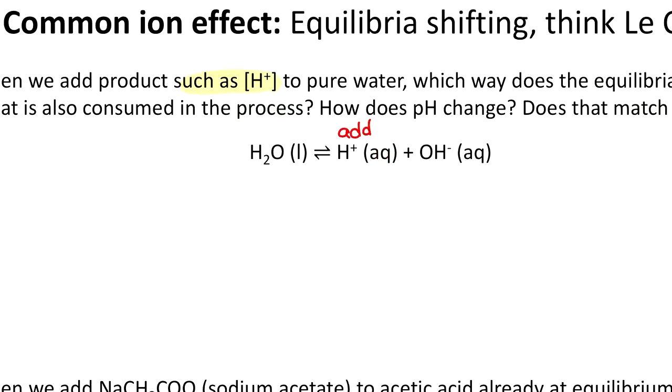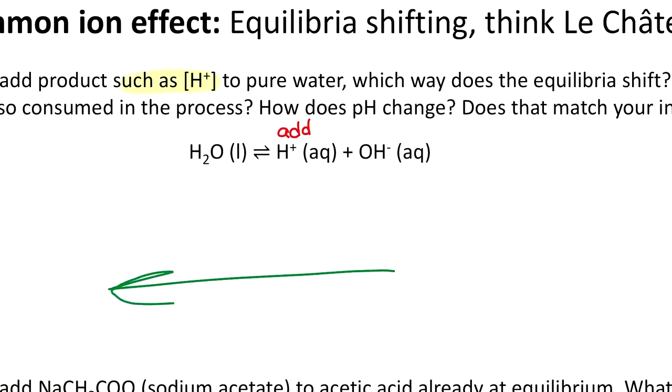What does Le Chatelier's principle say happens? The reaction shifts in reverse, right? You add a product, go to reactants. So the arrow I drew also tells us the signs of the change line. We're not going to do an ice table, but tell me, what are the signs under all of these species in our ice table?